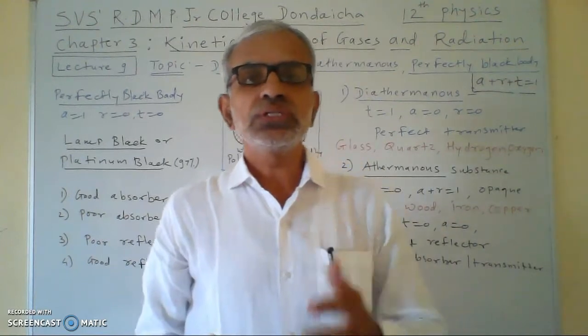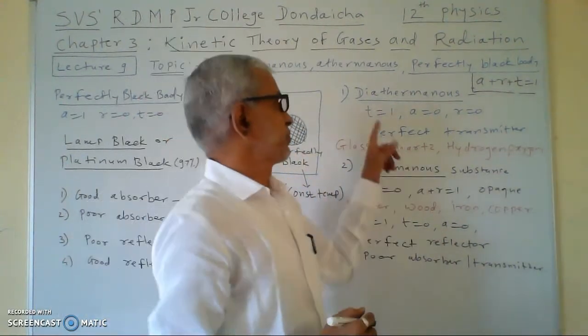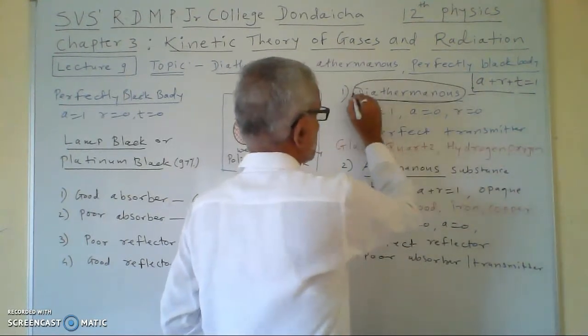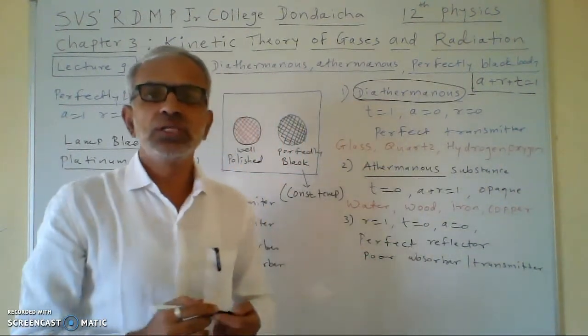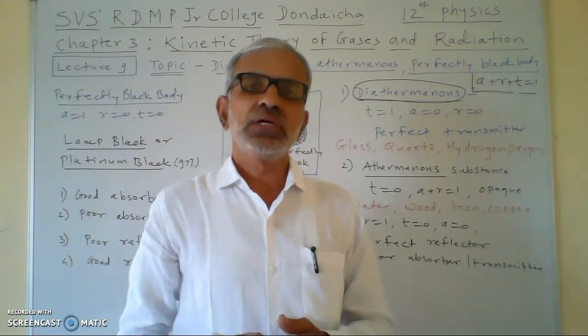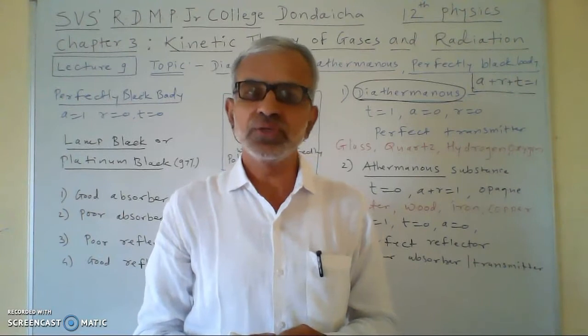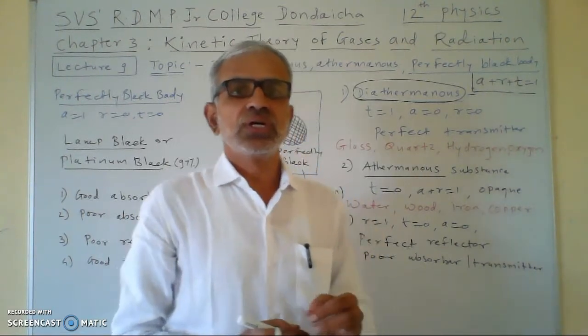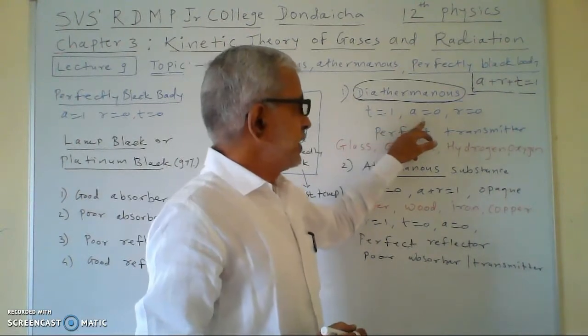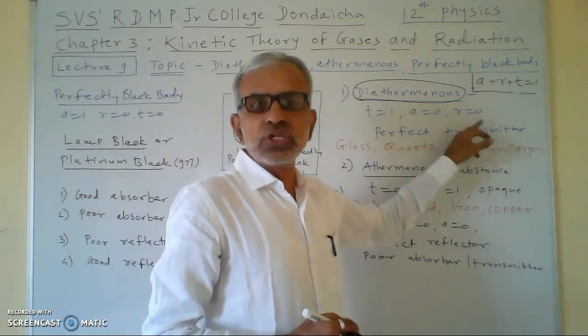Now, what is diathermanous substance? The substance through which all the heat radiations can pass is called the diathermanous substance. Means the substance for which T equal to 1, A equal to 0, R equal to 0.